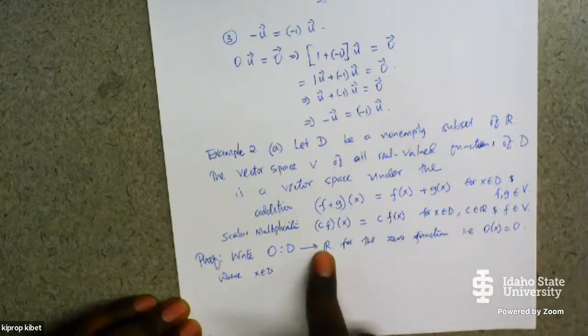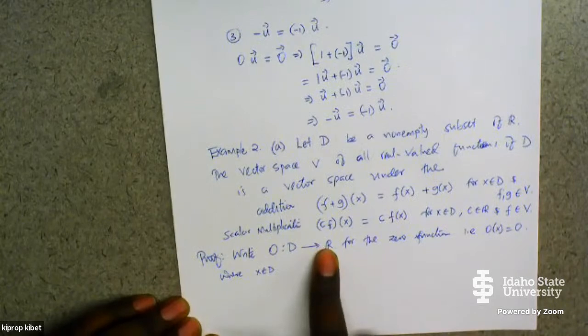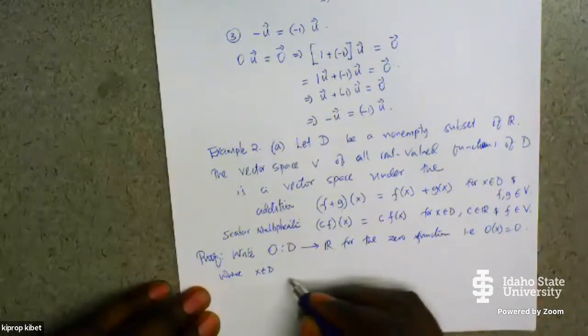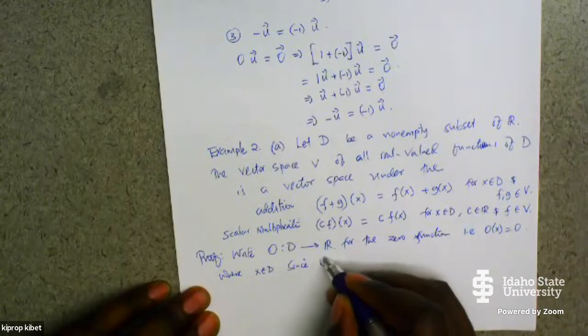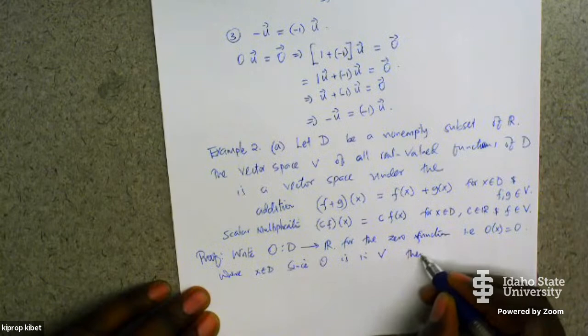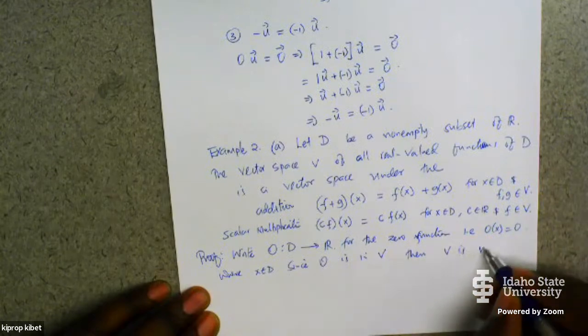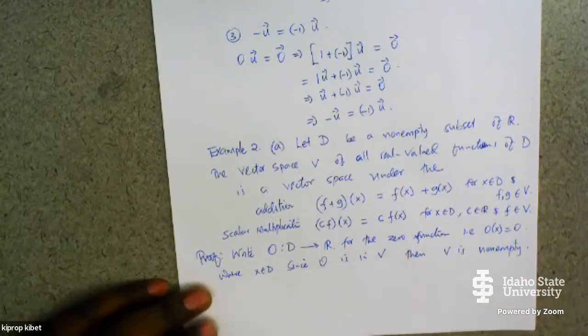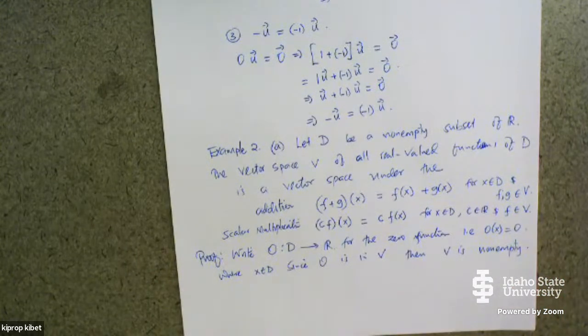And this 0 is an element of what? Of the real numbers, so this 0 is in R. Since the 0 function is in V, then V is non-empty. So therefore, it shows that V is actually non-empty.